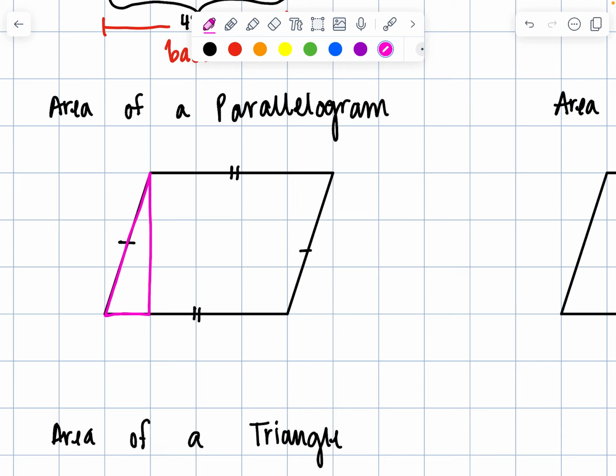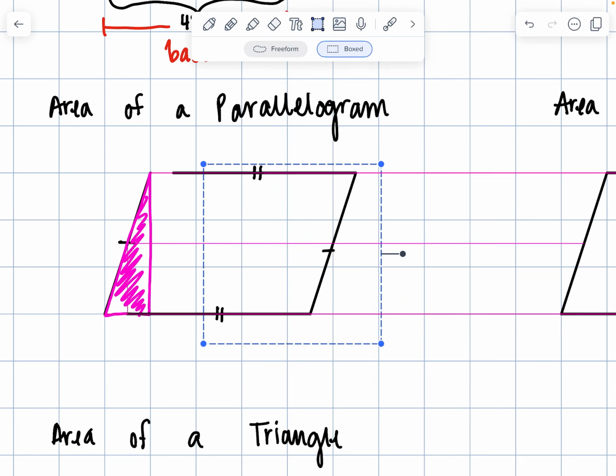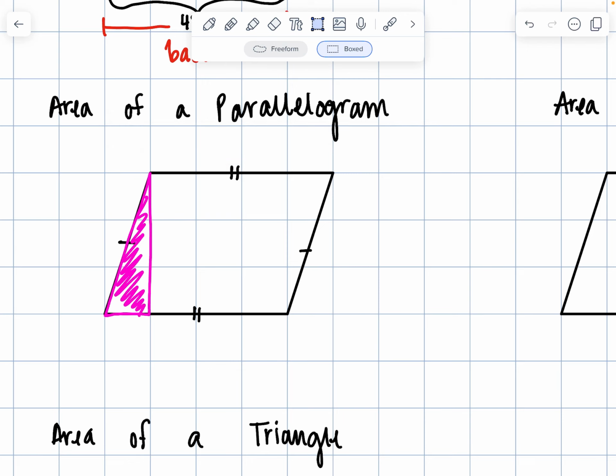So I'm going to cut this out. I'm going to chop this off of the quadrilateral, and I'm going to shift this over. Let's do this to make this a little visually understandable. Actually, it would have been better if I did this.